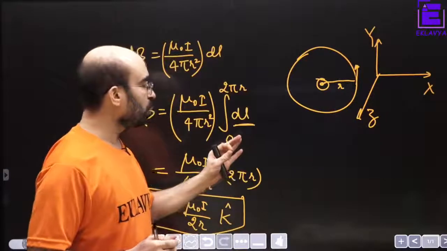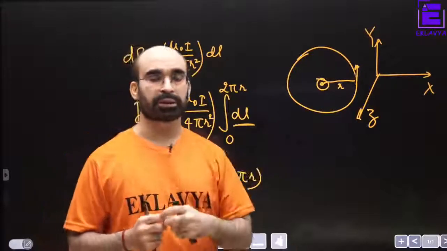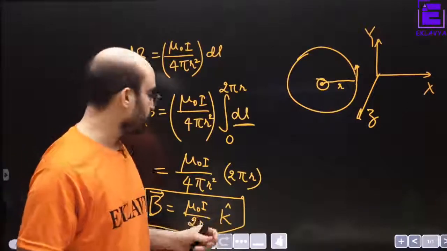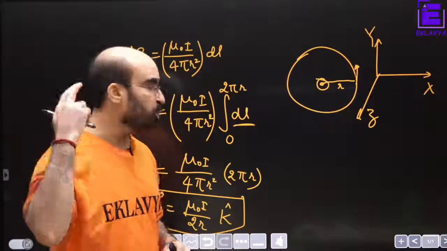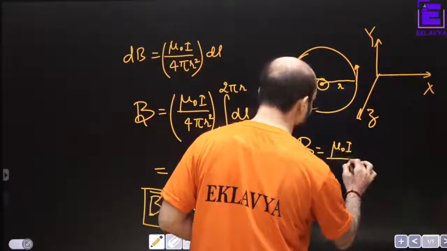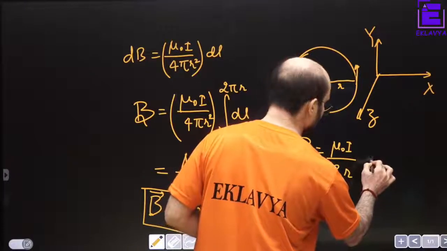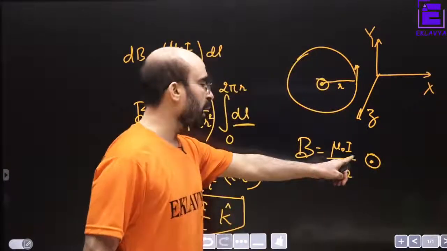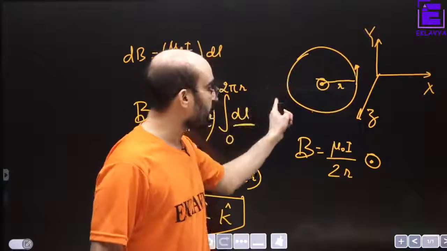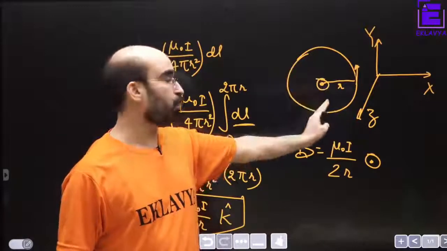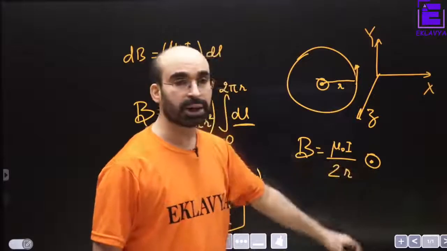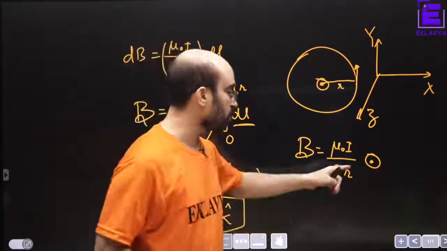In order to express the direction of magnetic field, we have two options. Either we can put it in vector form like this, or the other way is you can put it in this manner. This is the magnitude, and this you will put. This will show the magnetic field due to circular current in the direction anti-clockwise. Current is flowing in the anti-clockwise direction, then the magnetic field will be directed outward, normal to the page.